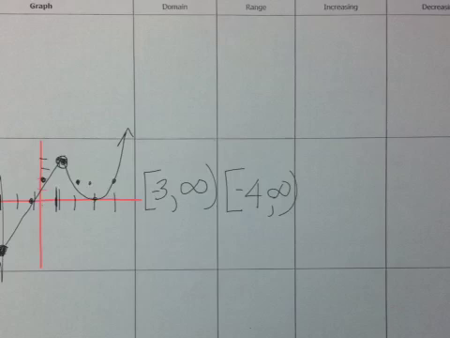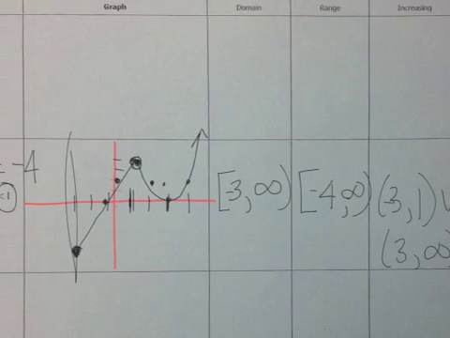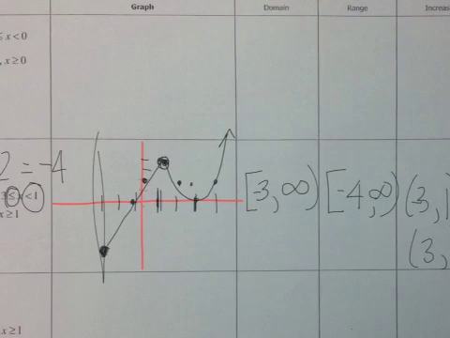This thing is increasing. It starts increasing at -3 until 1 is where it starts to change and it drops. And then I'm going to put my union because it also starts increasing again at the x value 3. Sorry, that should have been -3 comma 1 and then 3 comma infinity. And the reason I'm doing this increasing, I'm going to highlight these areas that are increasing.